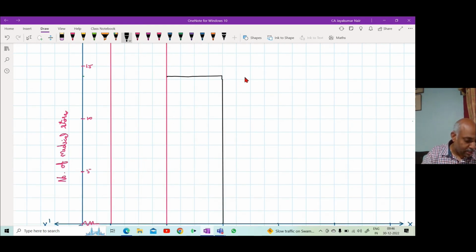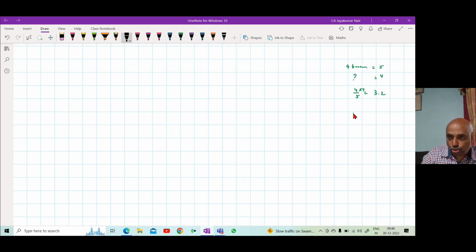The next one is 12. So 12 means how many boxes? So 4 boxes is equal to 5. So 12 means 2 more is how many? So 4 into 2 over 5. So it is 8 over 5.